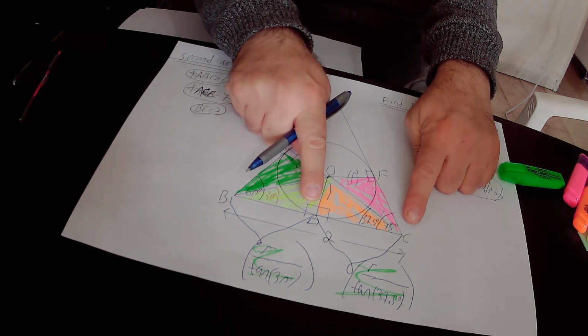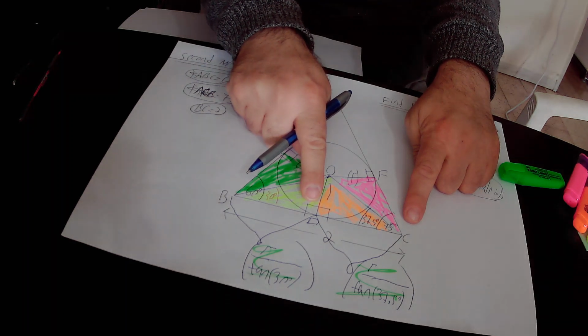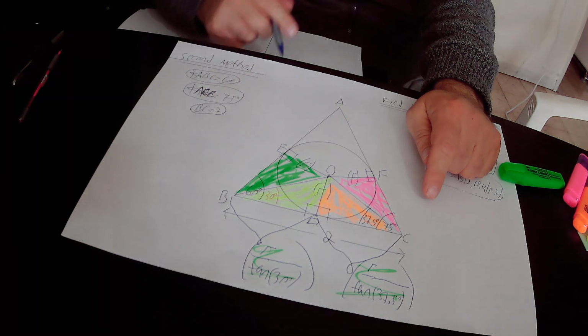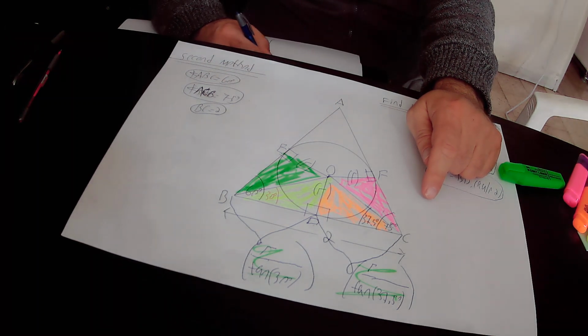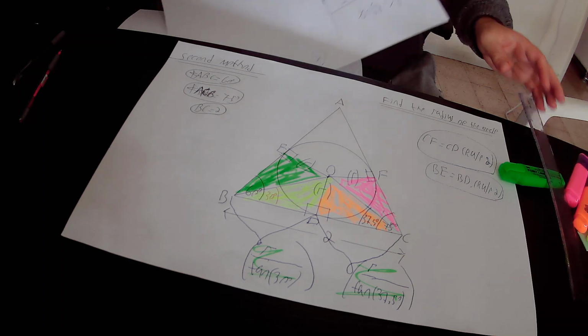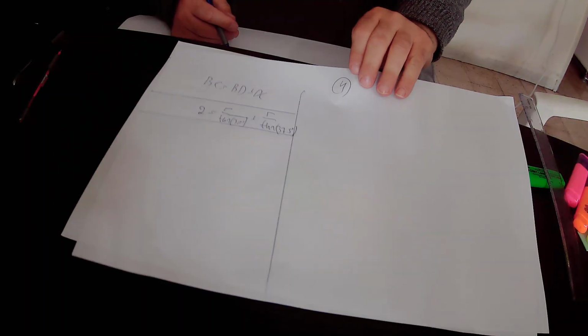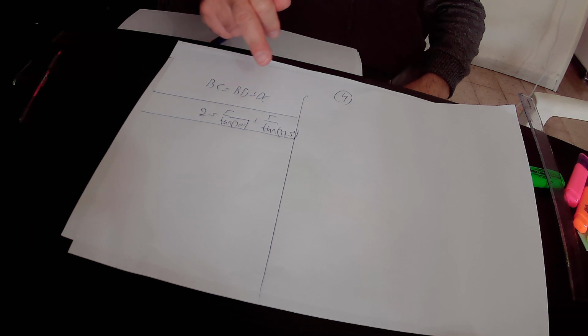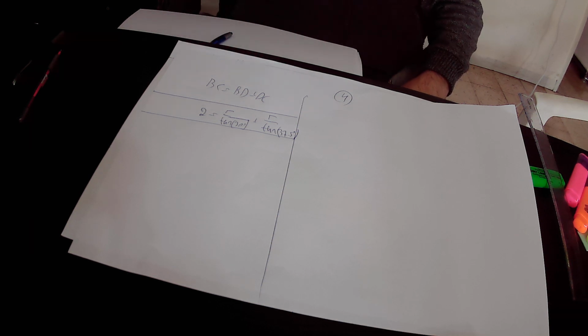DC equals R over tangent 37.5 degrees, therefore we substitute DC by R over tangent 37.5 degrees. So in conclusion, we found out that 2 equals R over tangent 30 degrees plus R over tangent 37.5 degrees.